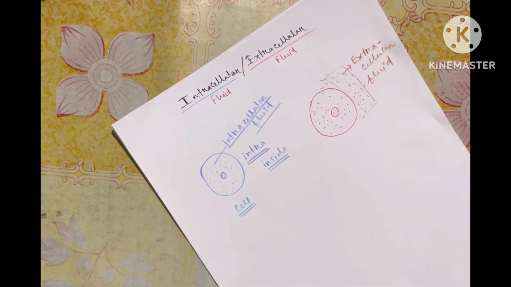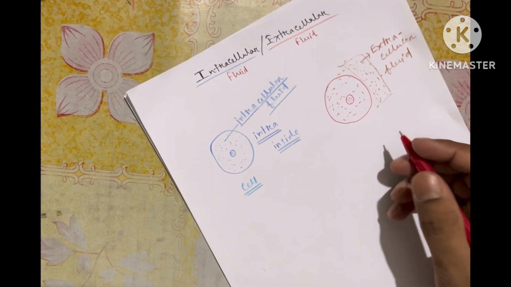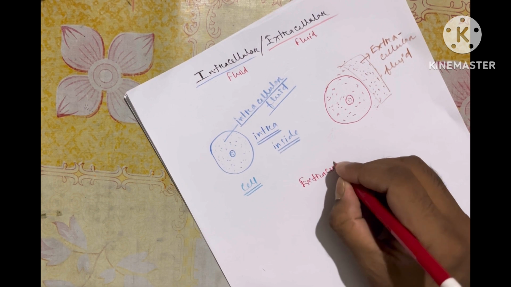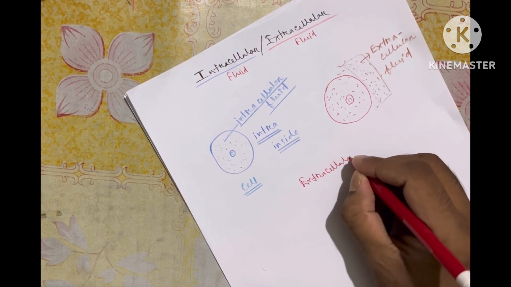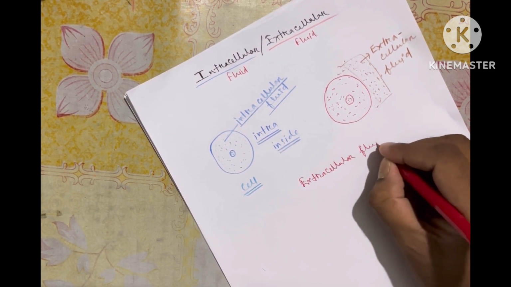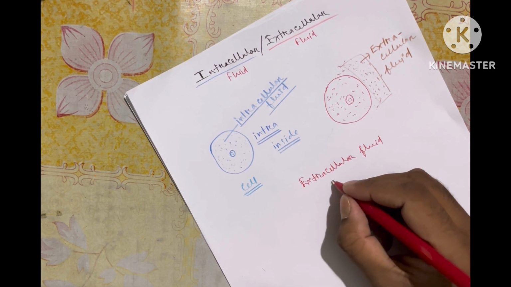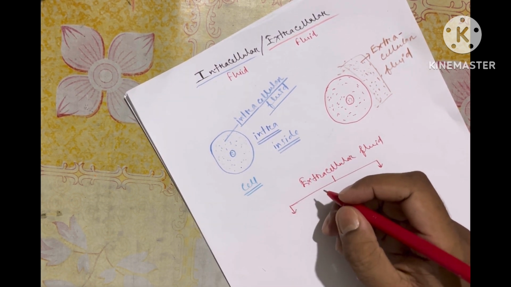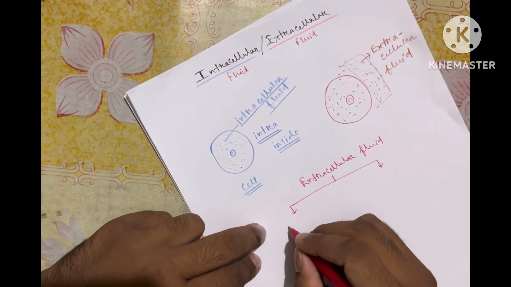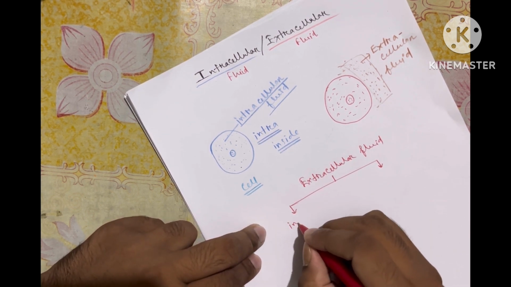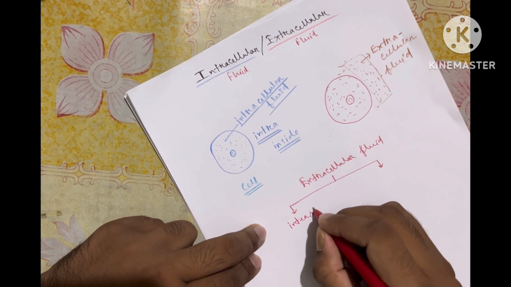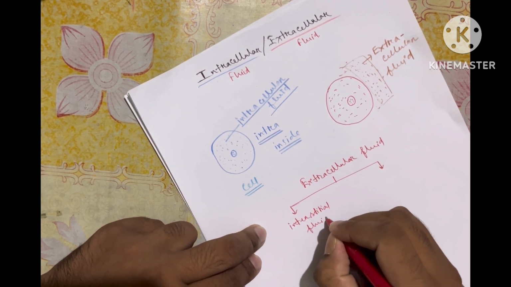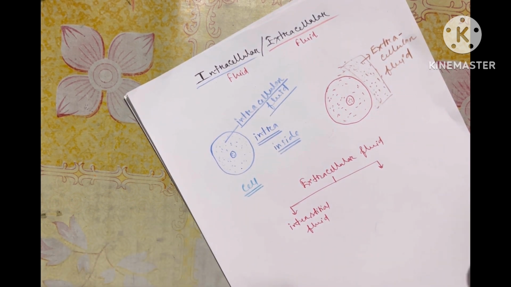So extracellular fluid could be of different types. For example, extracellular fluid could be mainly two types. Number one is interstitial fluid.